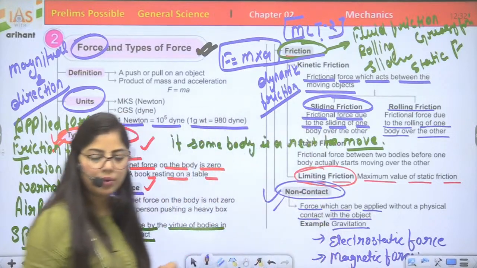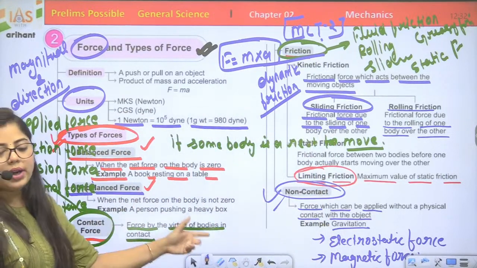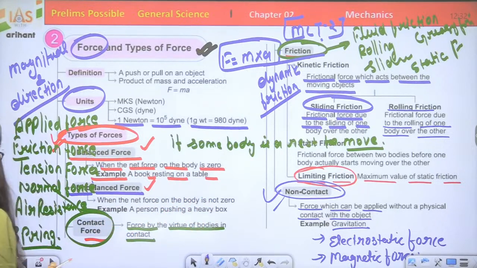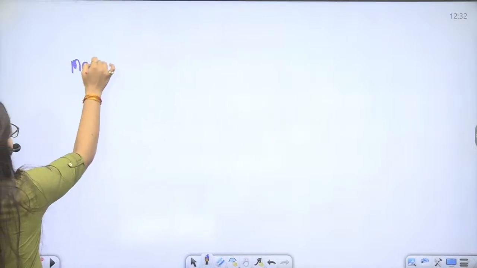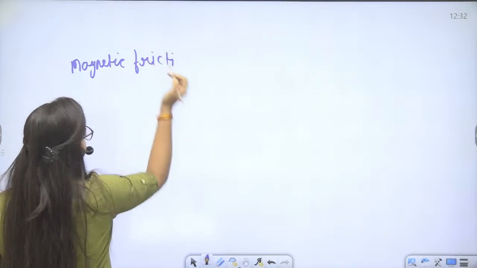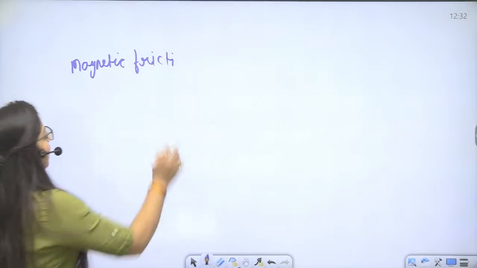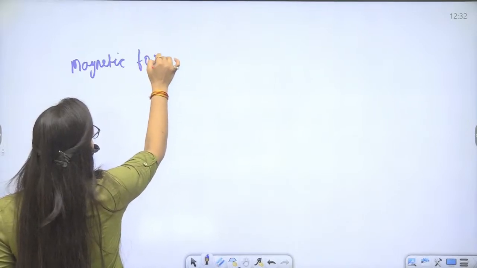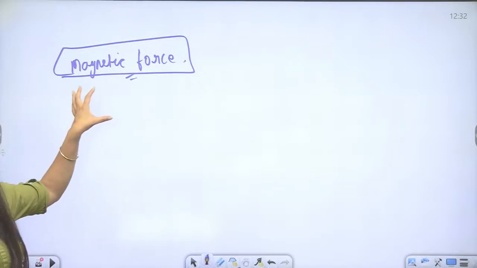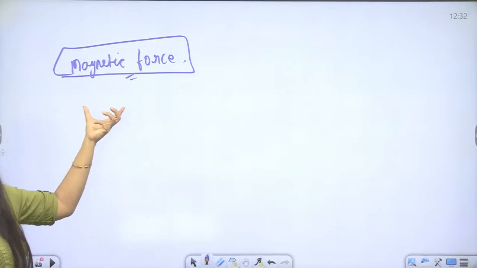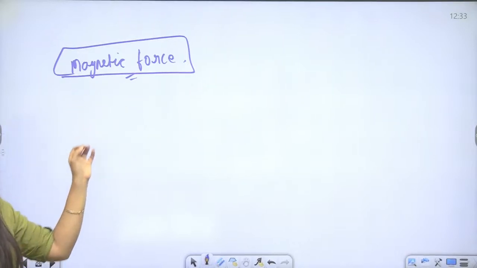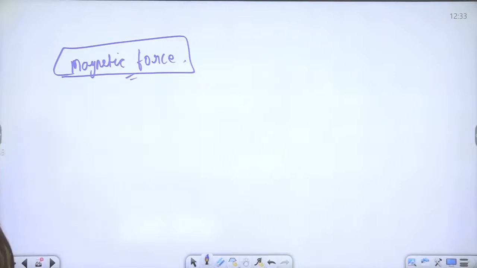Magnetic force, right? And what is the magnetic force? It is a type of non-contact force. Clear? If we bring a magnet near an iron nail, then the magnet pulls it towards itself since the magnet exerts a force.